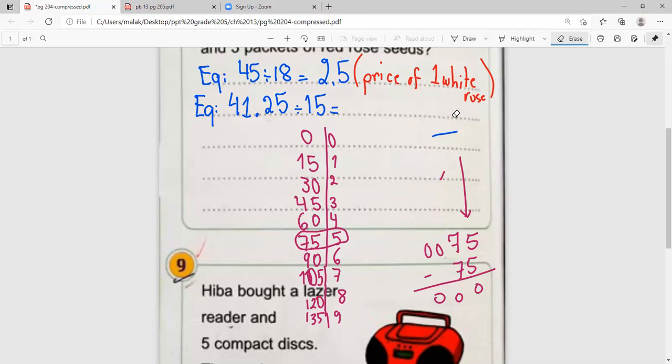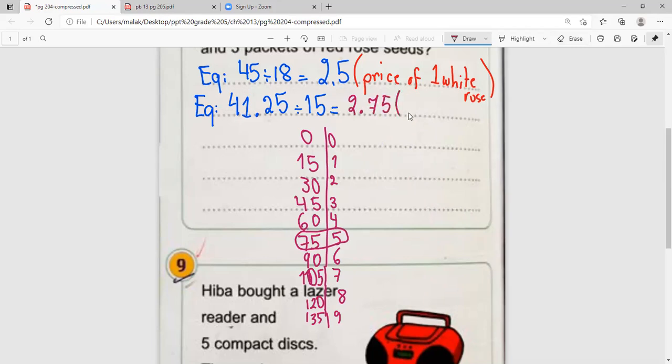So 2.75 is the price of one red rose. Is it clear? Yes. So when we have to divide, tell us which keyword tells us we have to divide.